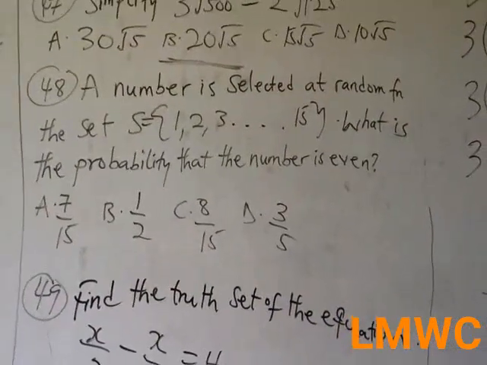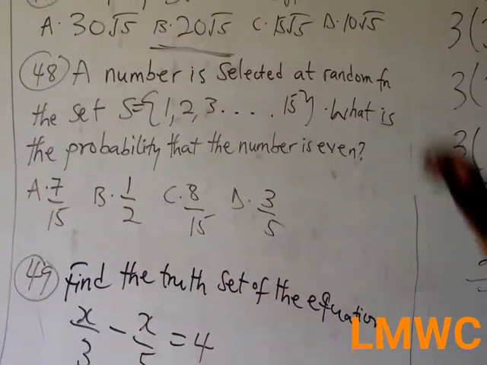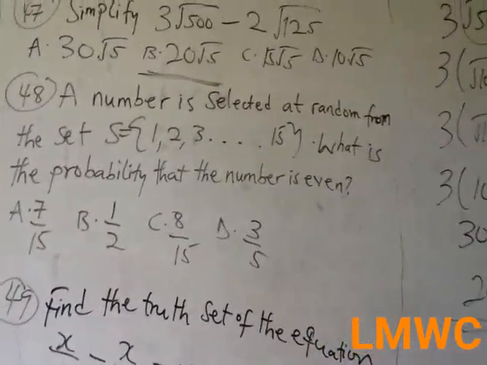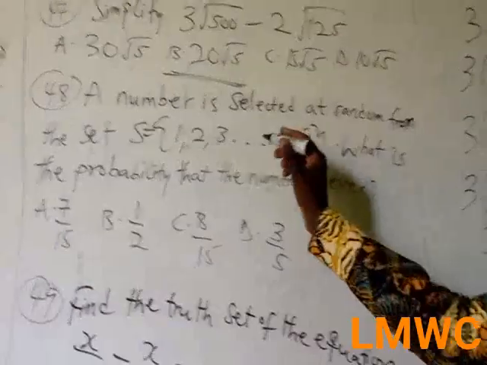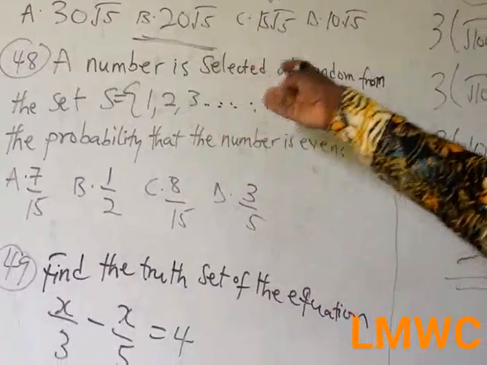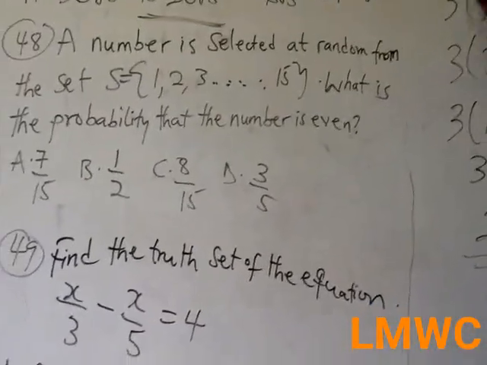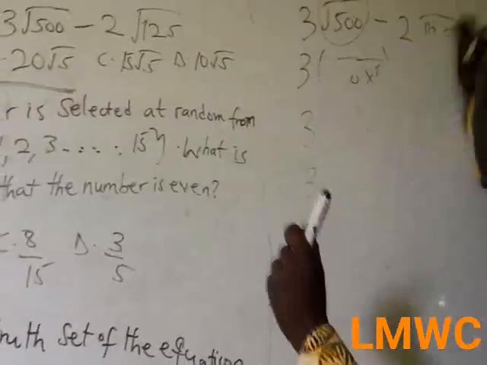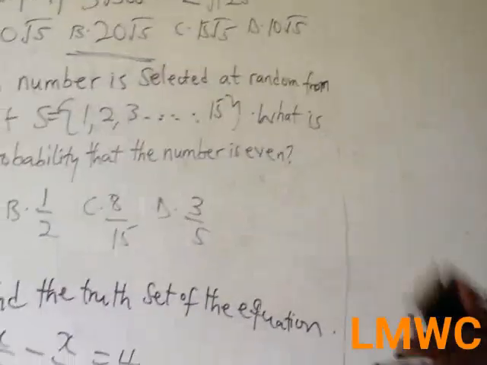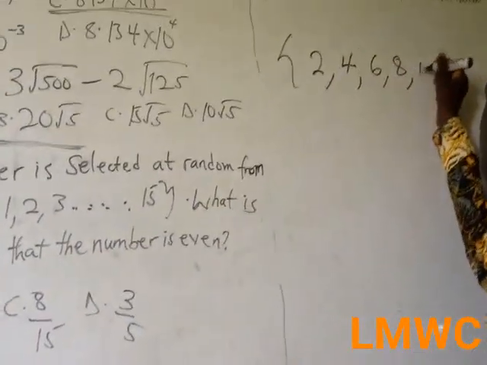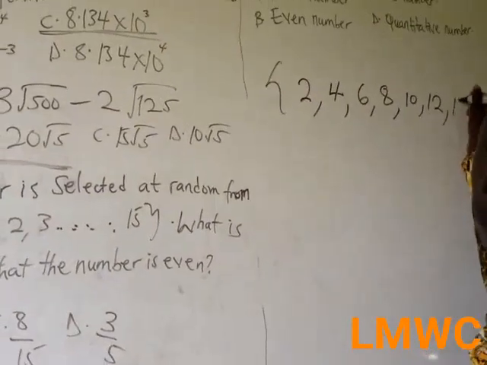48. A number is selected at random from the set S equal to {1, 2, 3, ..., 15}. This means there are 15 numbers within. What is the probability that the number is even? So now we will get even numbers from this set: 2, 4, 6, 8, 10, 12, 14.